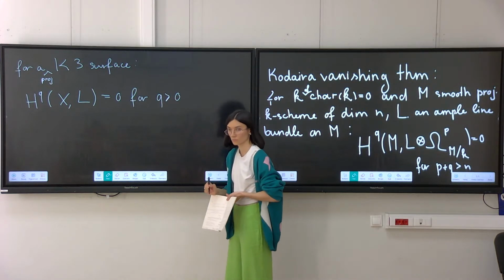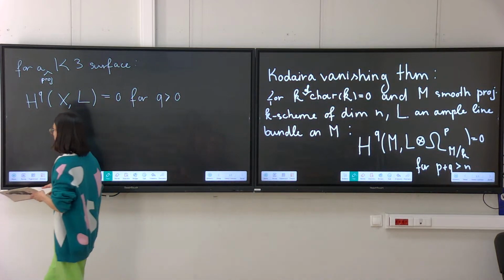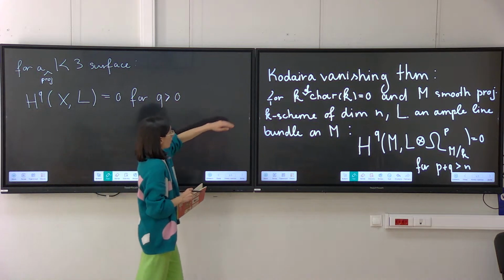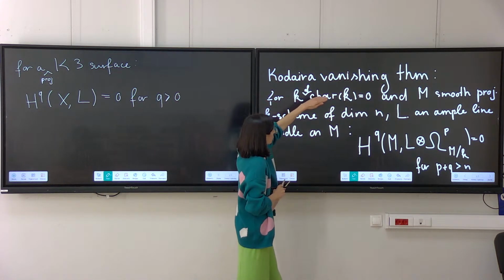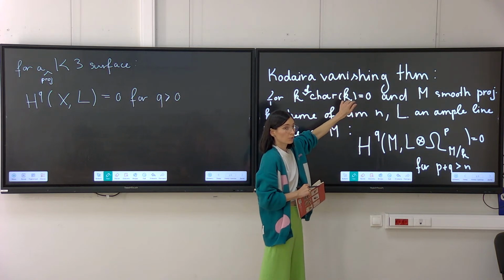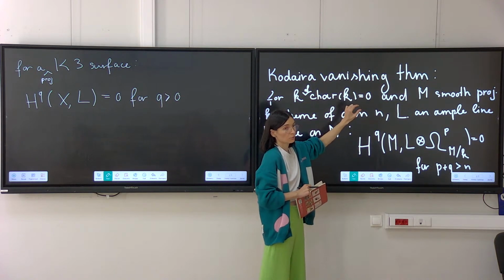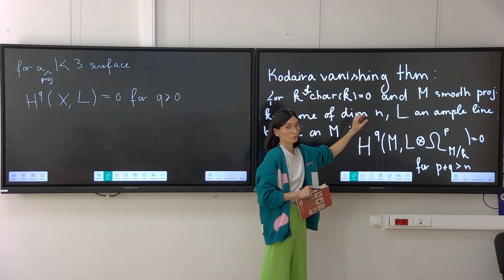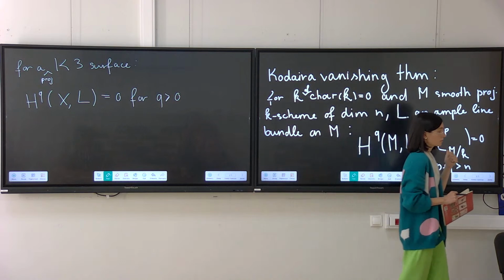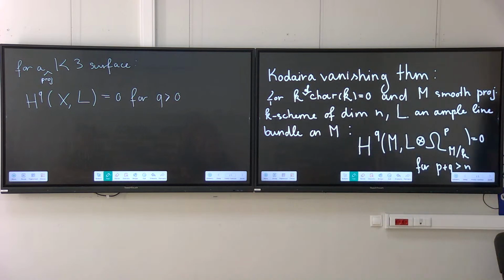Okay? And now let me briefly mention that I said Kodaira vanishing fails in positive characteristic. But in fact for K3 surfaces it works in positive characteristic. So for K3 surfaces we can use this theorem.